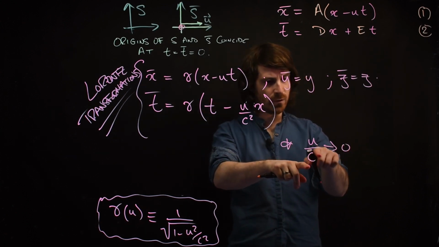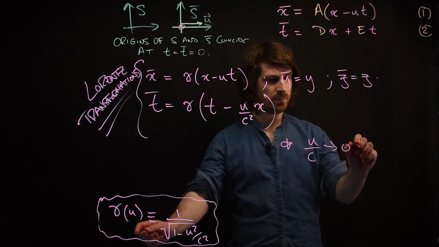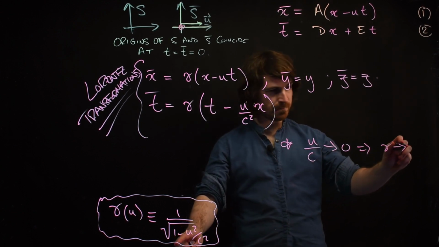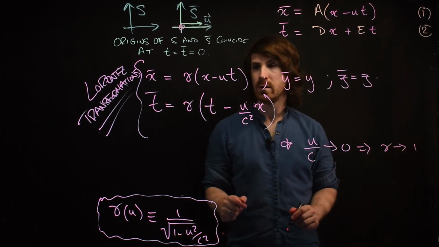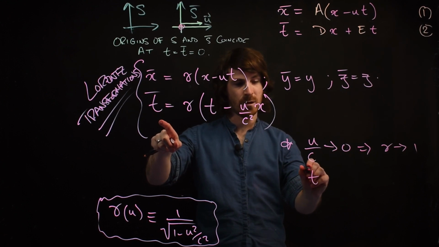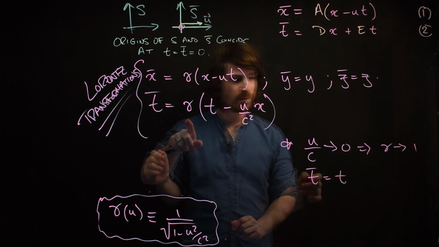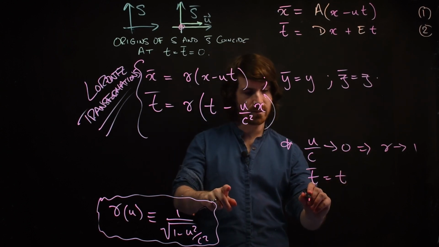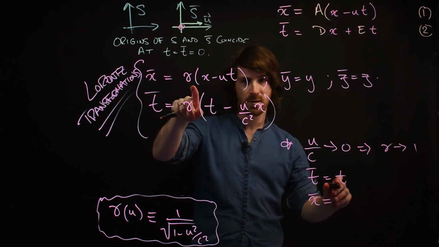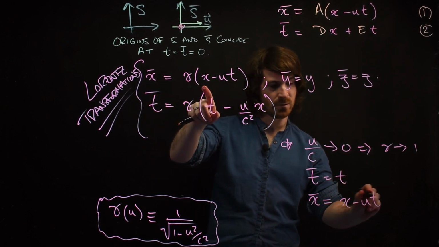So as u over c goes to 0, this gamma factor goes to what? It goes to 1. And our two equations tell us that t bar equals t, and that x bar equals gamma, which is 1, times x minus u t.